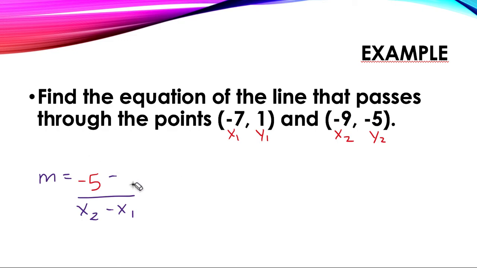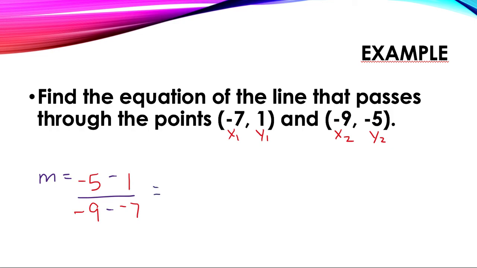In place of the y1, I'm going to put a +1. In place of the x2, I'm going to put a -9. And in place of the x1, I'll put a -7.